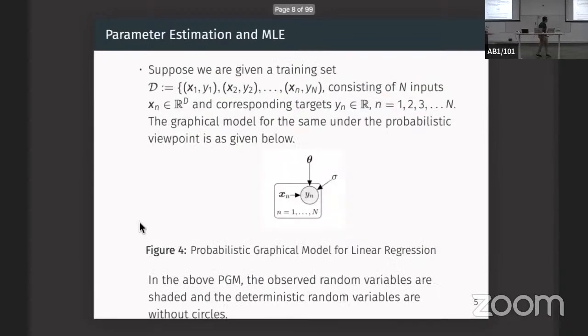And then the question was, what is the likelihood? The likelihood is probability of the data given the parameters theta, right? Did anyone get a chance to work that out?